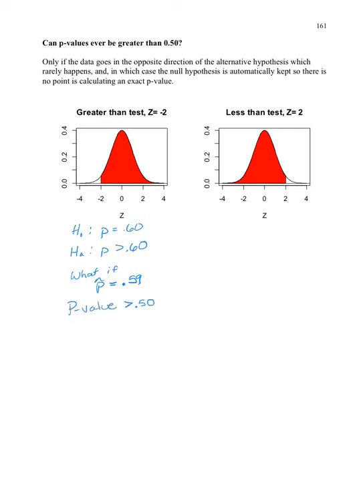In this case, if you did all the calculations, the p-value would come out to be something greater than 0.5. But you would never actually get to the stage of calculating that p-value if you recognize that with a p-hat of 0.59, you're never going to show that it's actually greater than 0.6. So at that point, you could just stop.